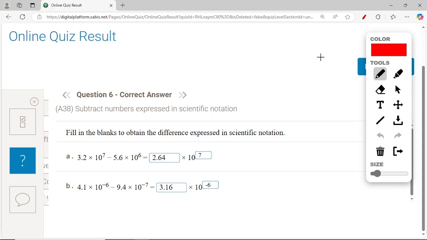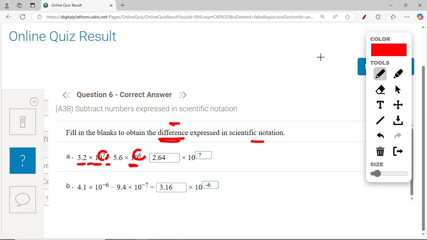Now here, fill in the blank to obtain the difference, the subtraction expression, expressed in scientific notation. We have 3.2 multiplied by 10 to the power of 7 minus 5.6 multiplied by 10 to the power of 6. We have different powers of 10, so we have to make them the same.